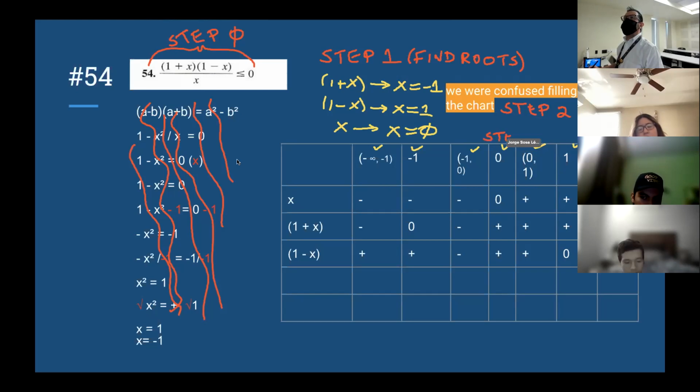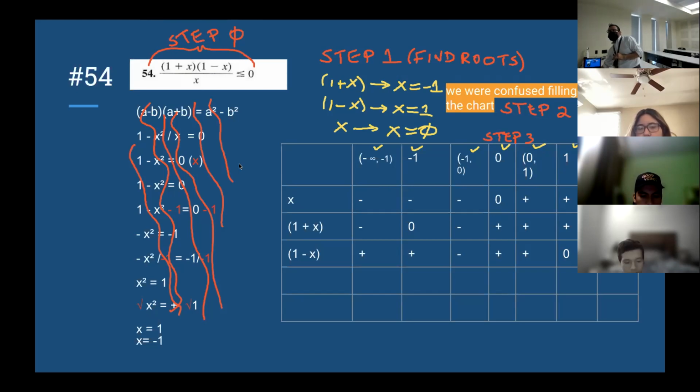And I believe you guys did that correctly. Filling out the chart means just evaluating the values of the intervals according to the factor. Let's review this.